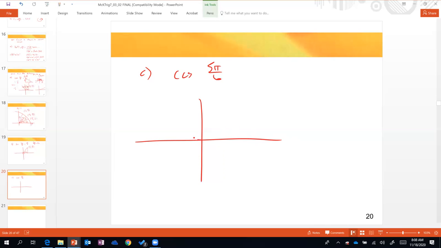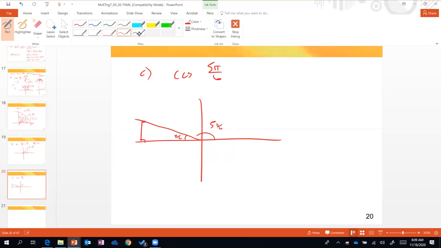So I have to be here. This little angle right here. This is 5 pi over 6. That means I'm at pi over 6 over here. That's my little triangle that I can form. So let's do this here. Let's convert this triangle back into quadrant 1 again.